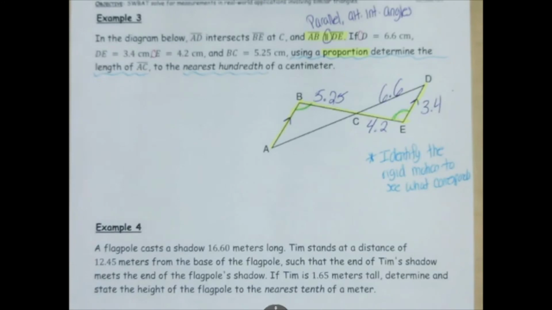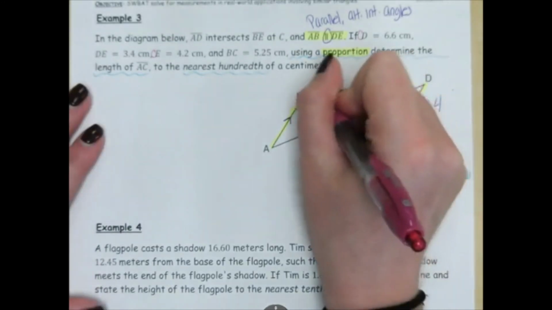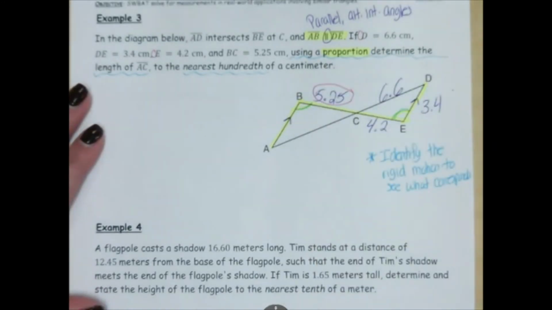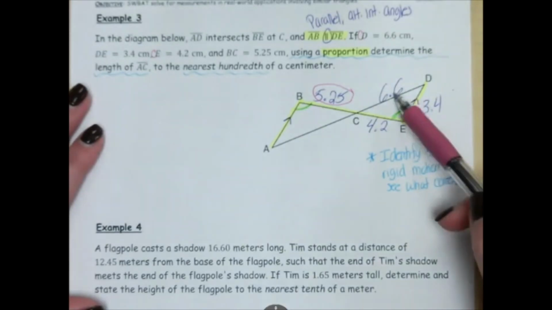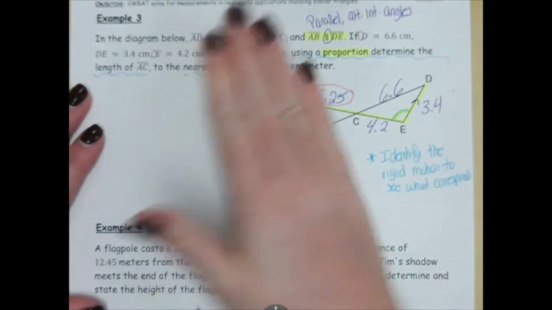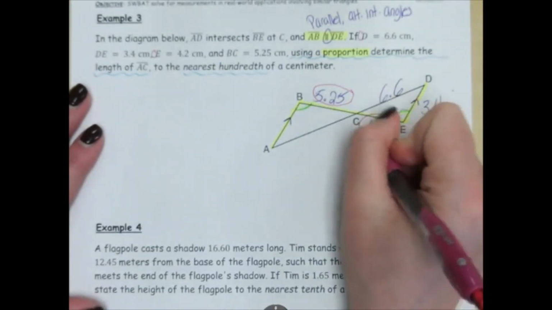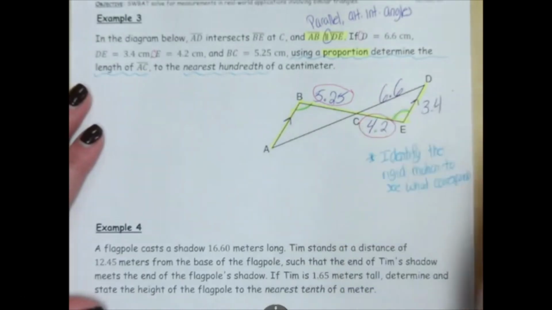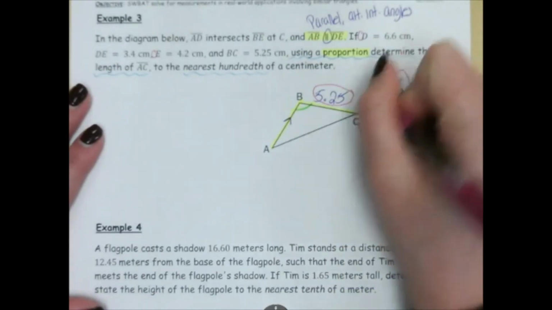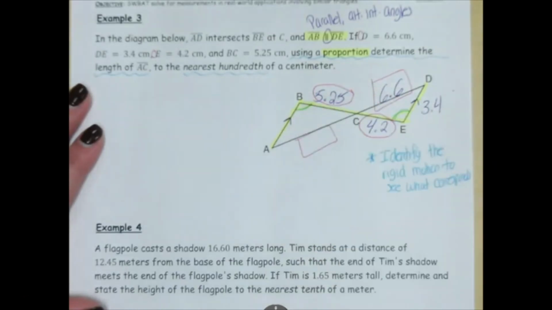So now I know 5.25 does not correspond with 6.6. That would be a reflection, which I don't have. I have a rotation. So 5.25 corresponds with 4.2, and 6.6 would correspond with whatever AC is going to be.